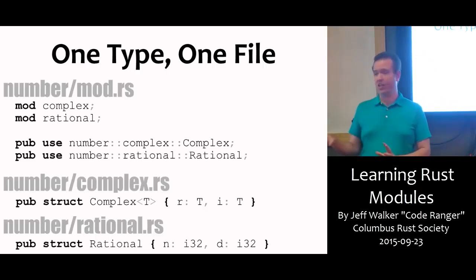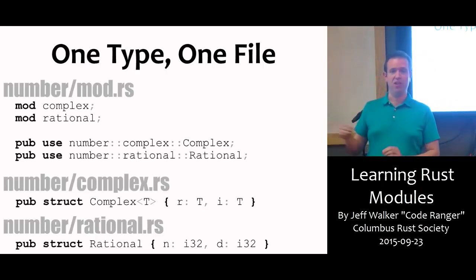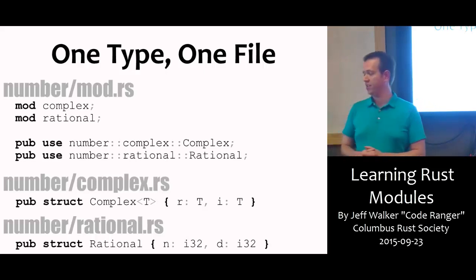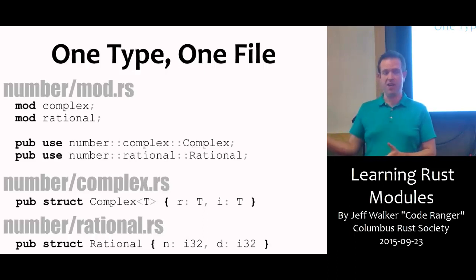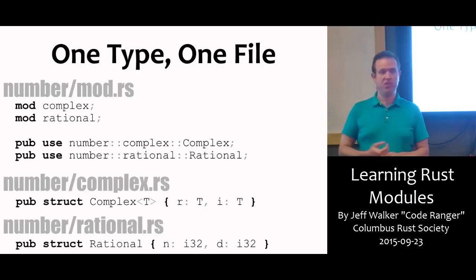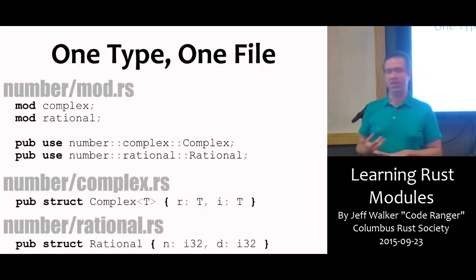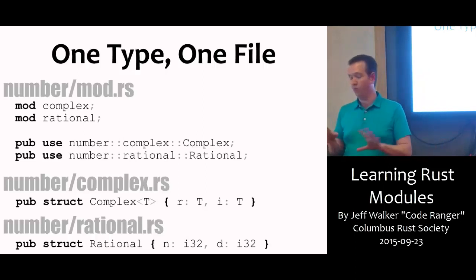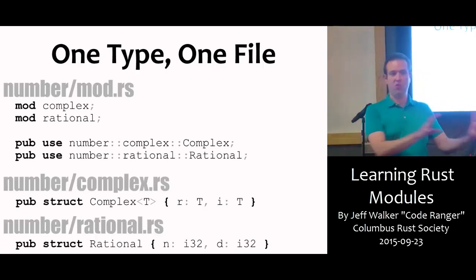So we're focusing here just on the number module, and I've split out the two struct types, right? So in our number mod.rs, instead of having the two structs directly there, we've made two new modules, complex and rational, right? And moved those types into corresponding files for those modules.